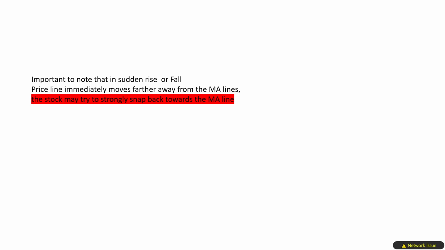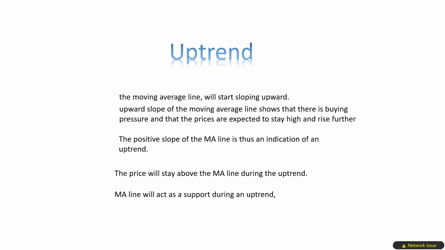The price and the MA line are like two magnets, and the price should always come back to the MA line. If there is a sudden rise or fall in the price, be alert and wait for the stock to come back to the MA line to give an entry or an exit.